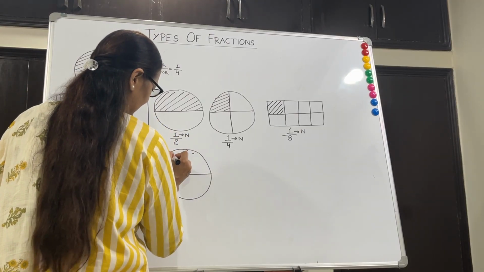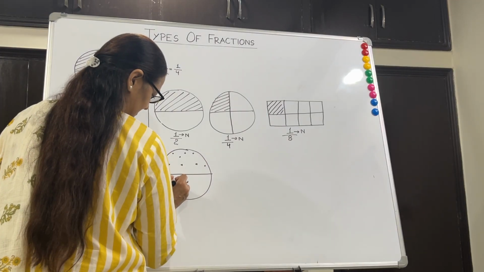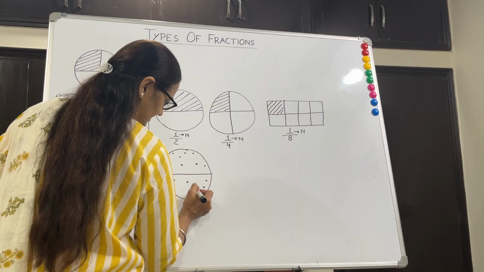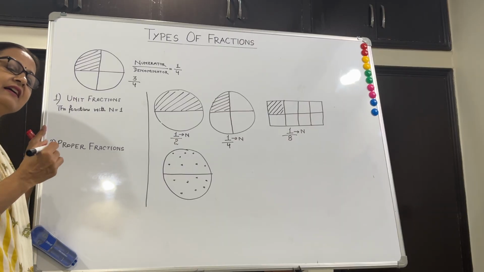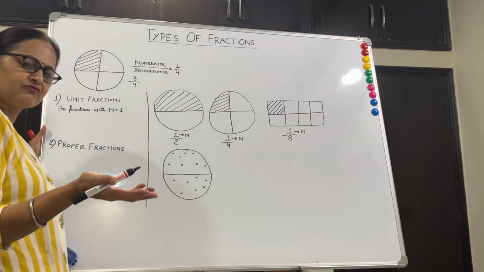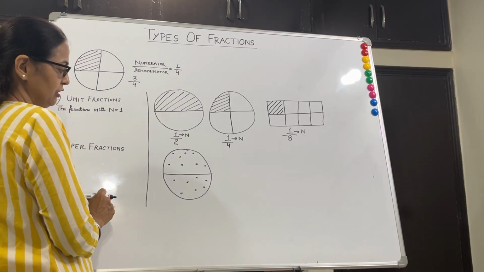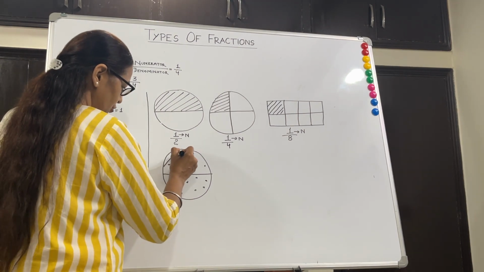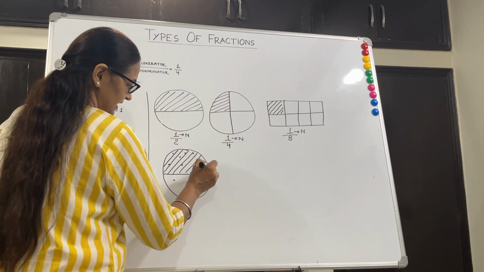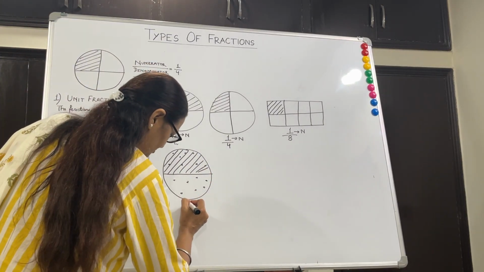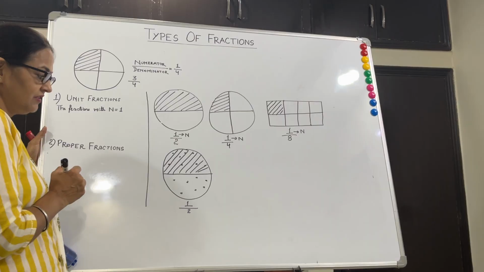I am taking the names of all your favorite things so that you are interested in this class and you will understand things even better. As I told you, we will take simple examples from our daily life only. Now, we have divided it into 2 equal parts, and you have got to eat such a large portion of pizza. You are eating half a pizza. What fraction are you eating? 1/2. Half of the pizza.